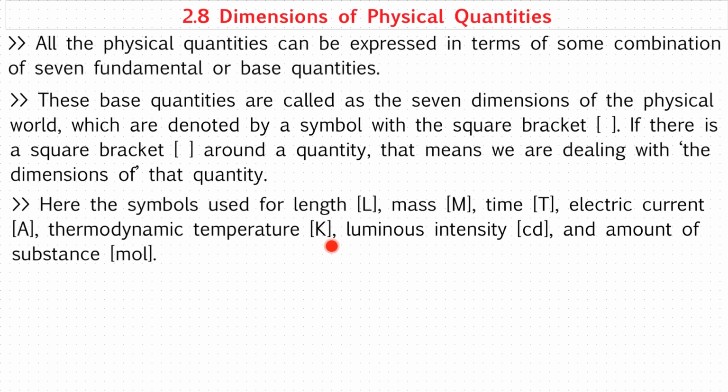For luminous intensity, CD in a bracket is used as a symbol, and for amount of substance, mol in a bracket is used as the symbol of the dimension of this physical quantity.